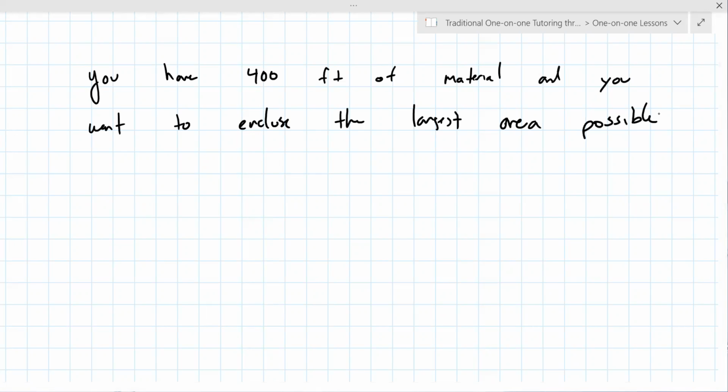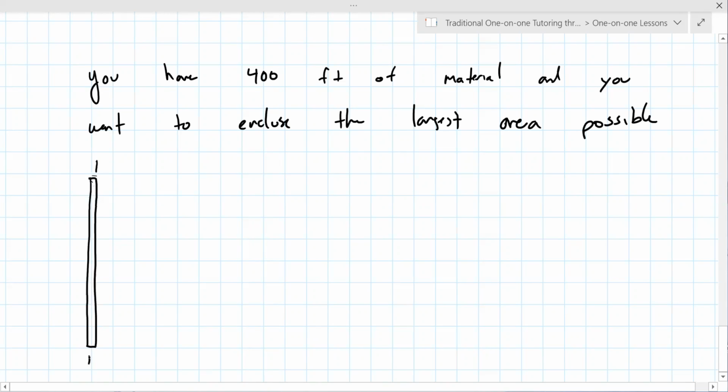Okay, so there's no picture, and this is kind of the harder variation on this problem. For example, you could build something that is 1 foot there, 1 foot there, and then 199 and 199.